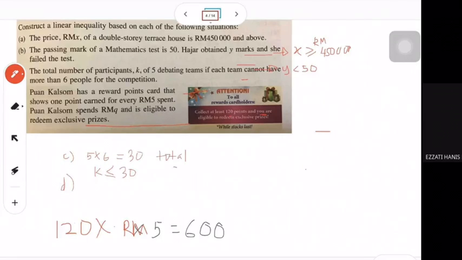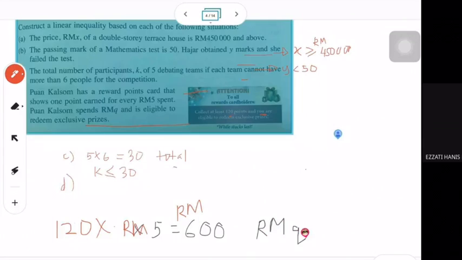So there you get RM 600. And then how do you write the inequality? Because she must spend at least 600 ringgit.